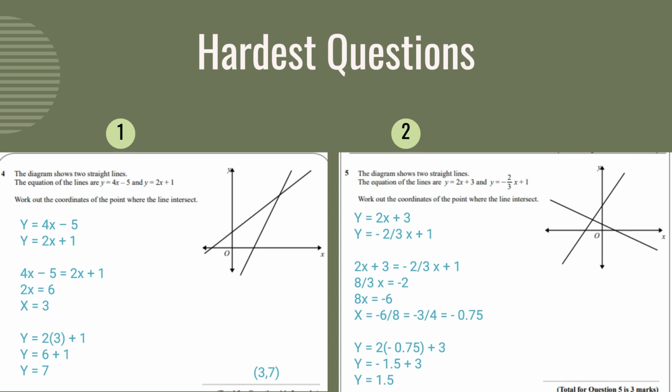Now we sub that back into our other equation, so we do y equals 2 times negative 0.75 plus 3, so we get y equals 1.5. So our final coordinate would be minus 0.75, comma 1.5.